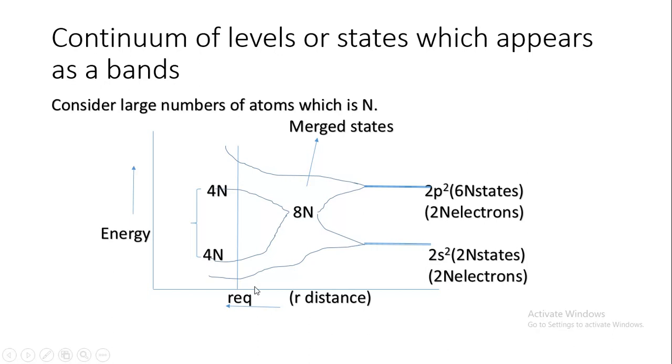So this is the actual picture of band formation, how bands are split and formed. You will find this kind of picture in each book, whether Halkias or Donald, any book you look at. You can understand from there.